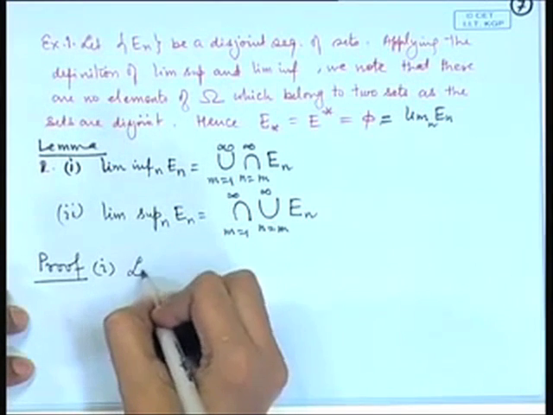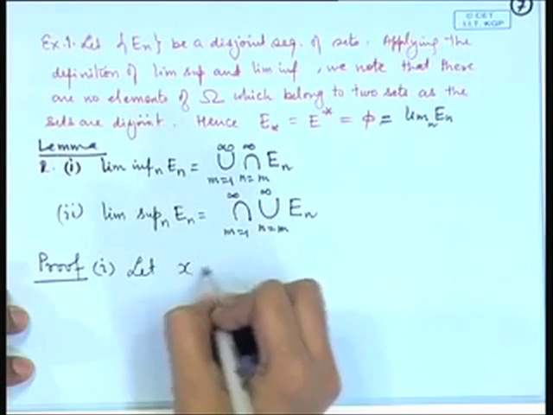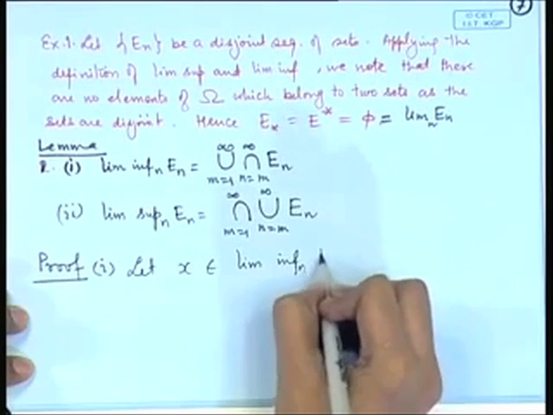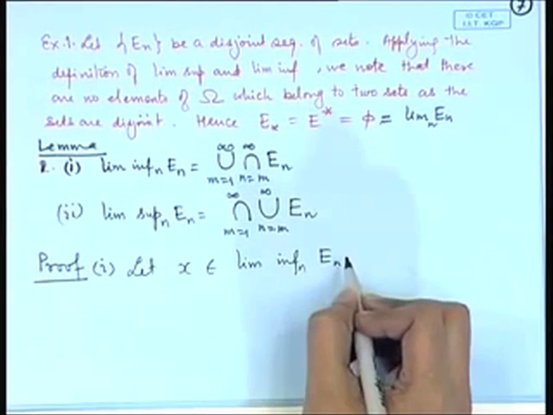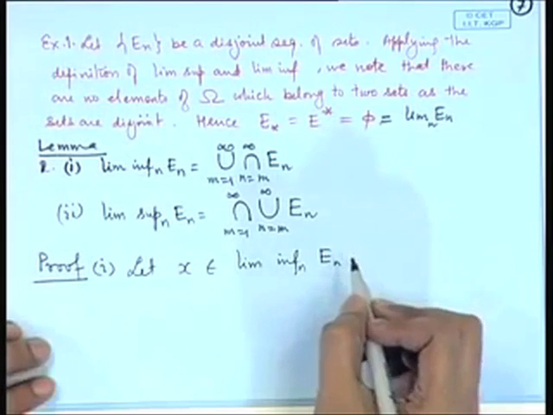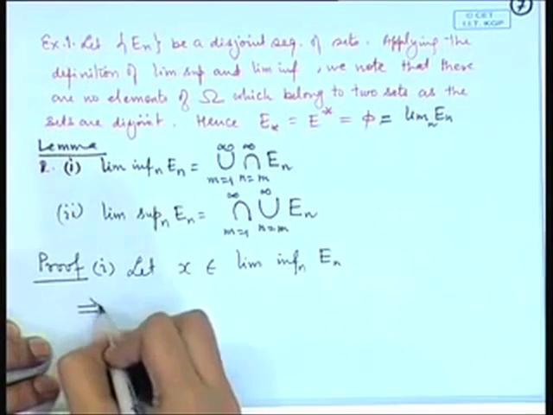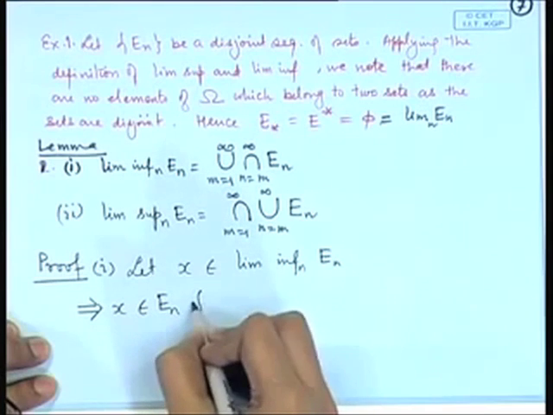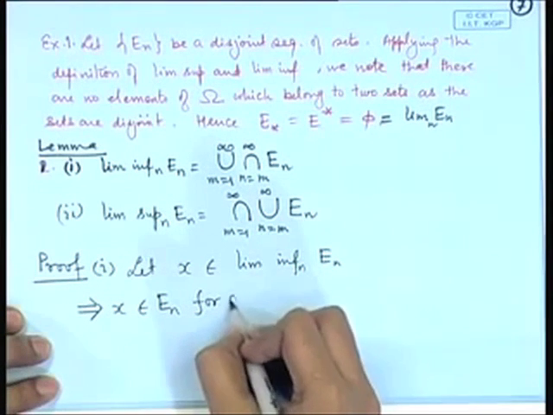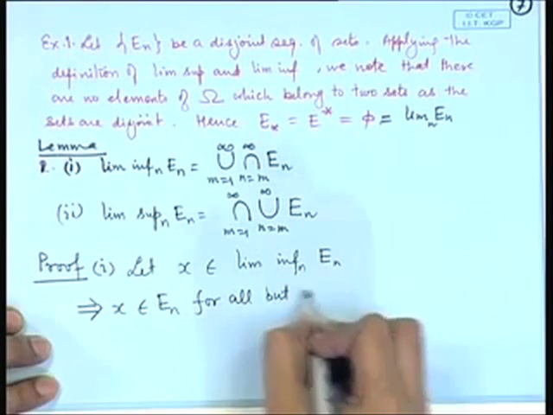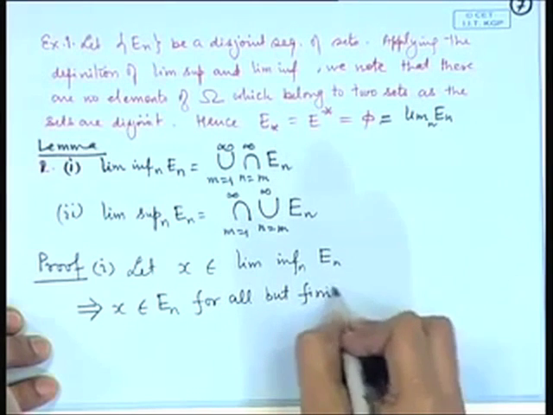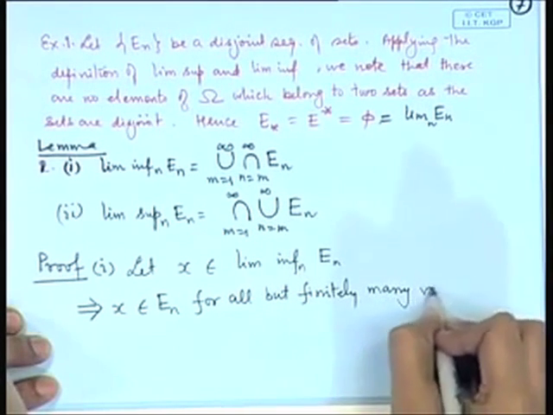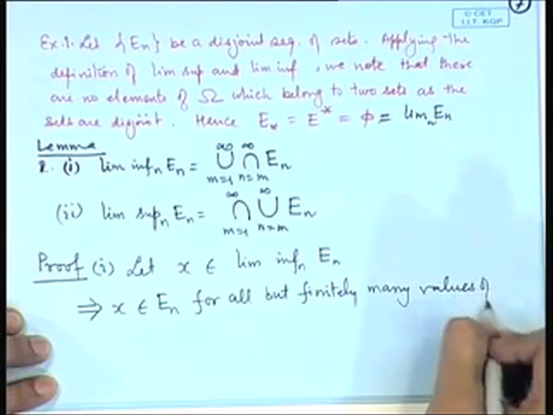Consider a point x belonging to limit inferior of En. By definition of the limit inferior, it implies that x belongs to En for all but finitely many values of n.